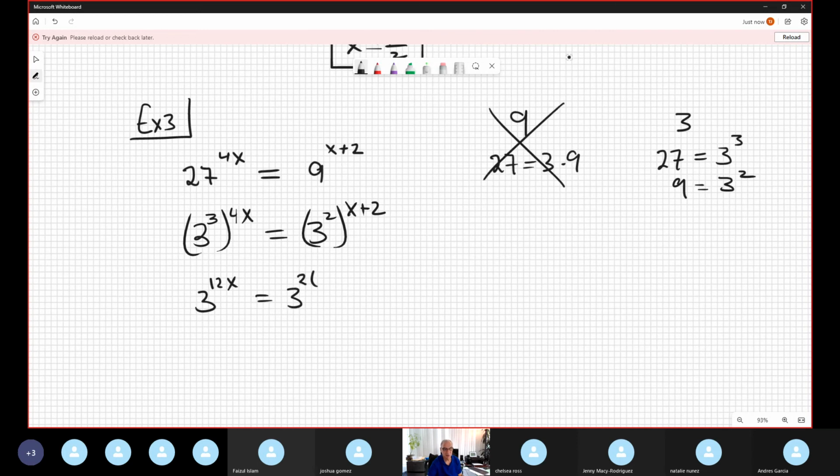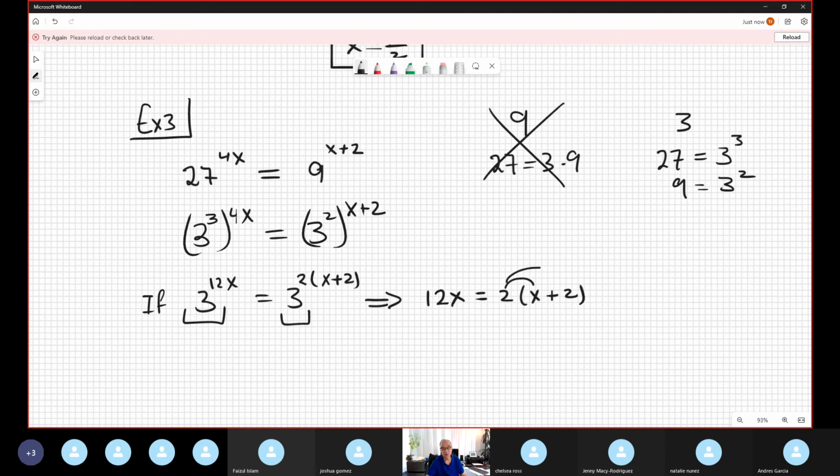Be careful with the multiplication, because you actually multiply 2 times this whole expression. To indicate this, you put parentheses. If you omit the parentheses, it's wrong. One more time: if you have two exponentials and the base is the same, the exponents must be the same. My equation is reduced like that.